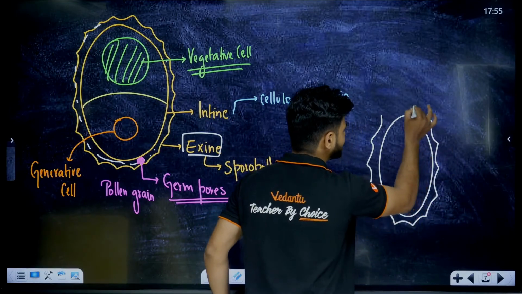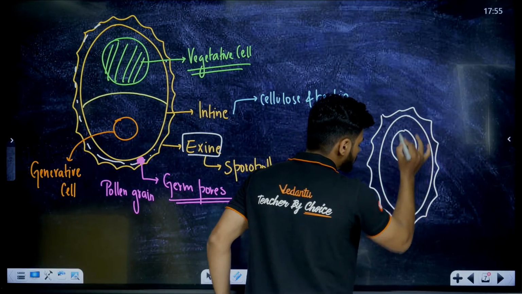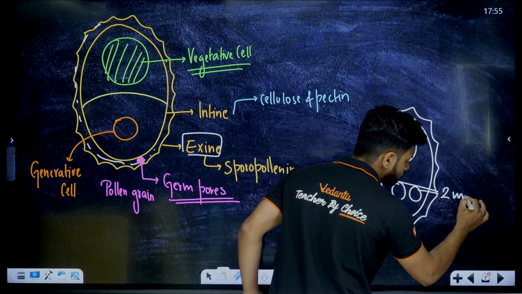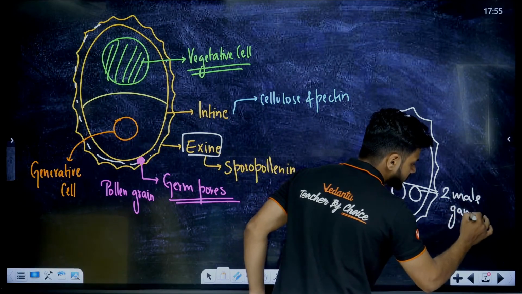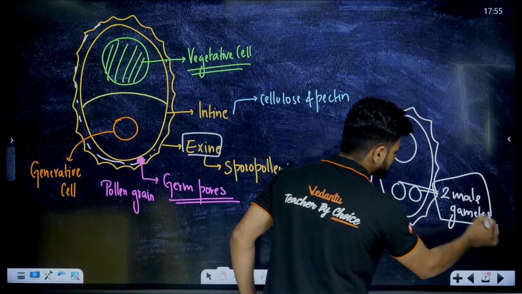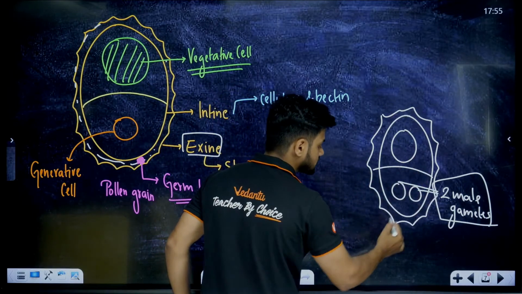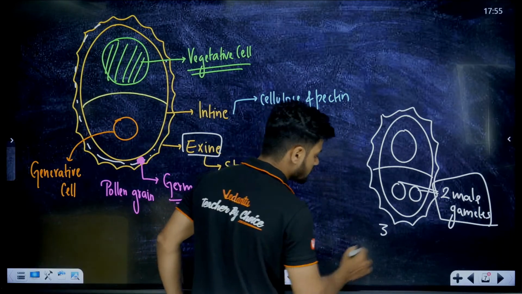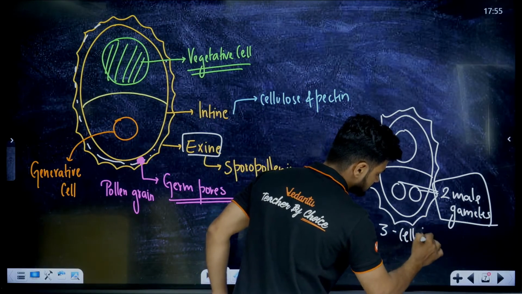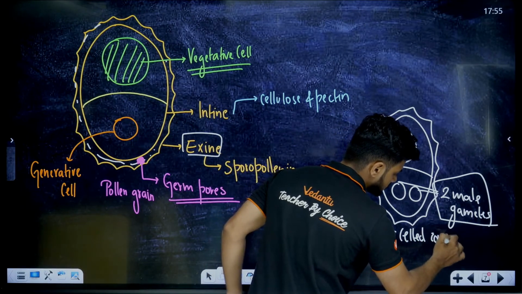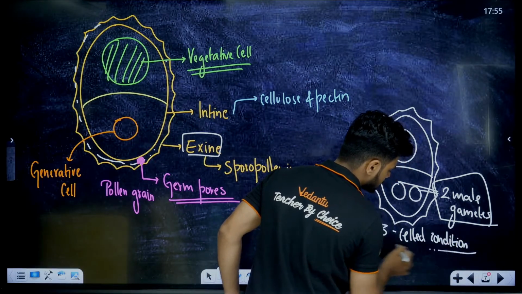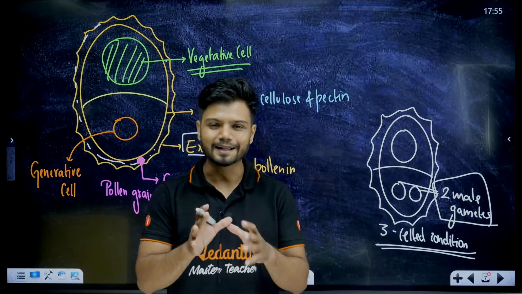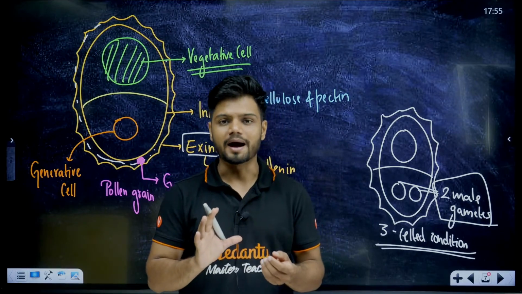In such cases where the generative cell divides into two male gametes, we have in total a three celled condition. Clear? That is called the three celled condition. That happens only in a few cases of your angiosperms.